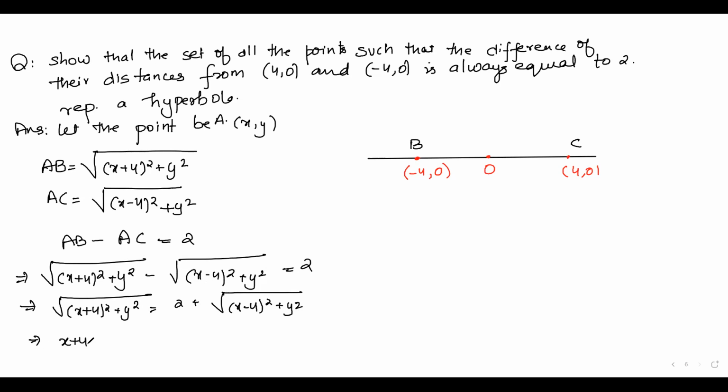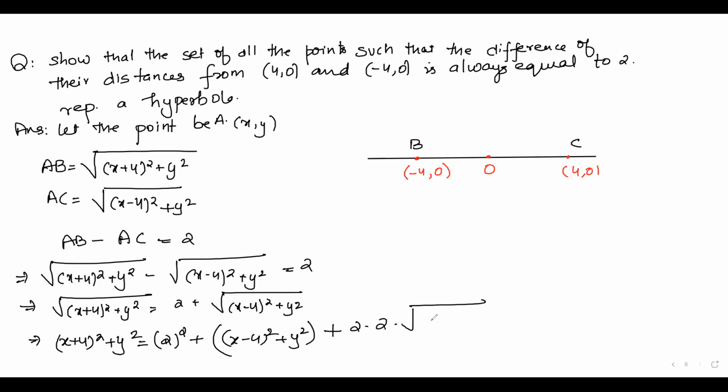So you get (x plus 4) whole square plus y square equal to a square plus b square plus 2ab: 4 plus (x minus 4) whole square plus y square plus 2 into 2 into the square root of (x minus 4) whole square plus y square. This clear? Yes, sir.